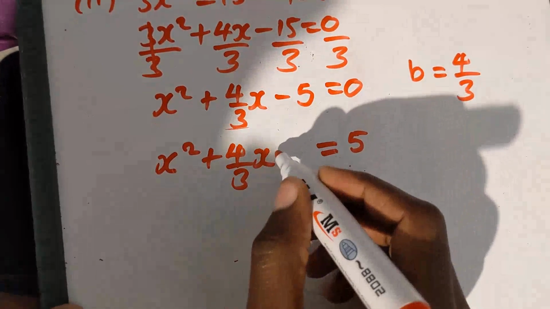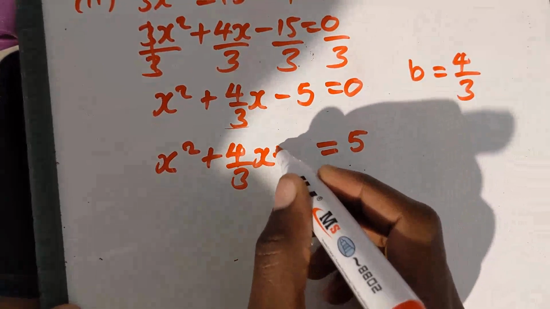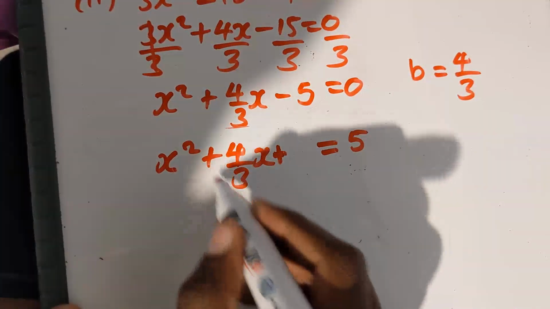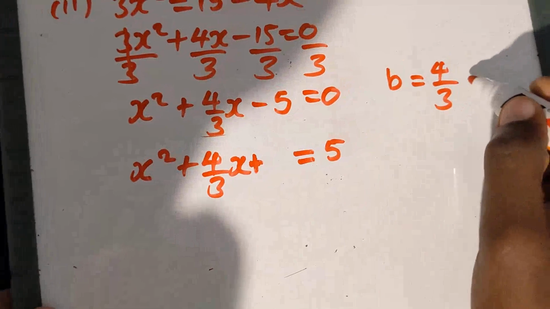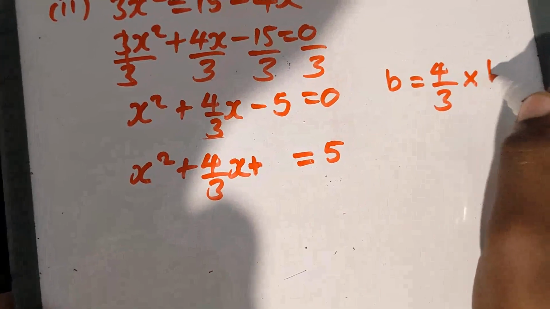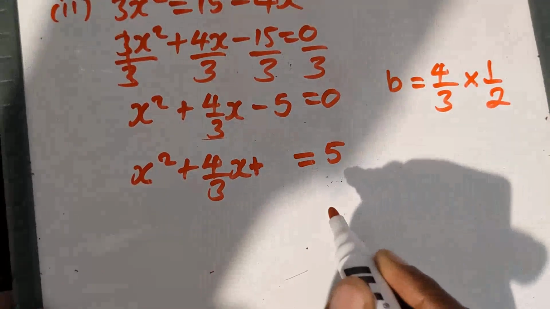Then here you need to add half of B. So what is half of b? You multiply it by half, which is 1 over 2.